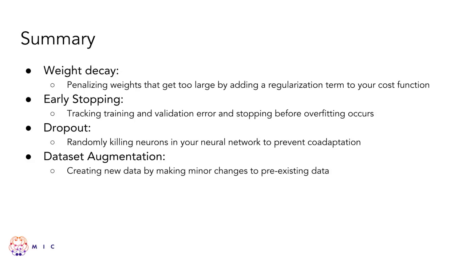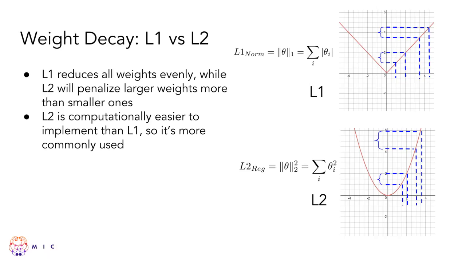Any other questions? Yeah. So for weight decay, how do you know you're reducing parameters that are overfitting rather than just parameters that are important? Okay, so individual parameters don't overfit. Overfitting is something that occurs across all parameters.